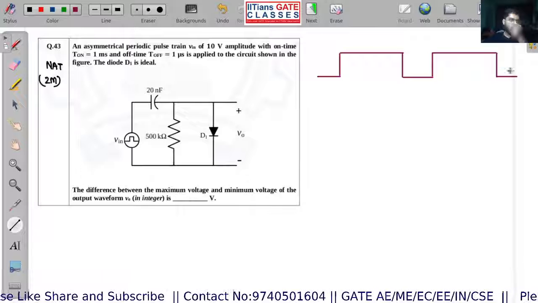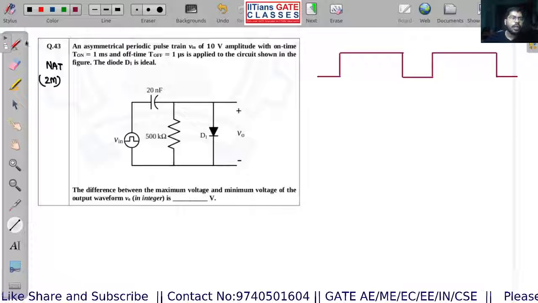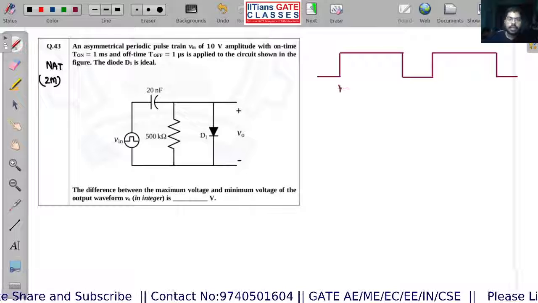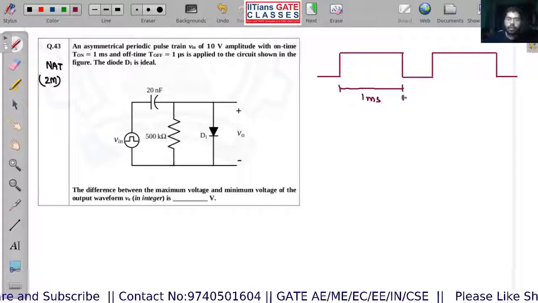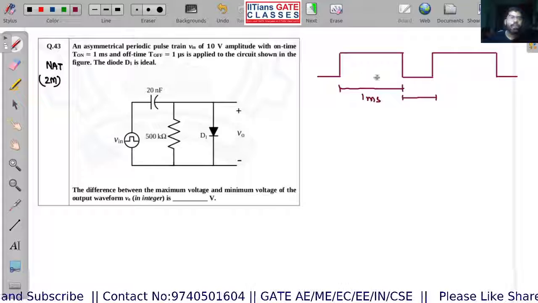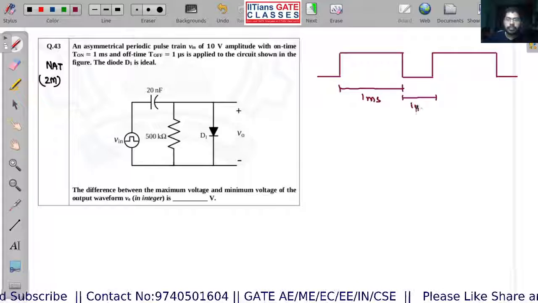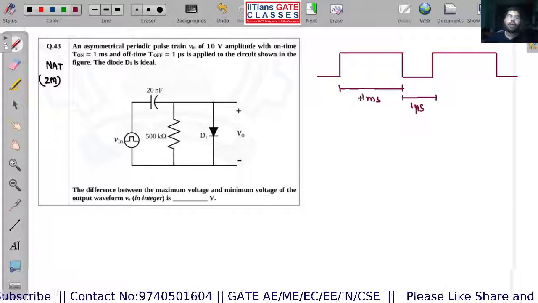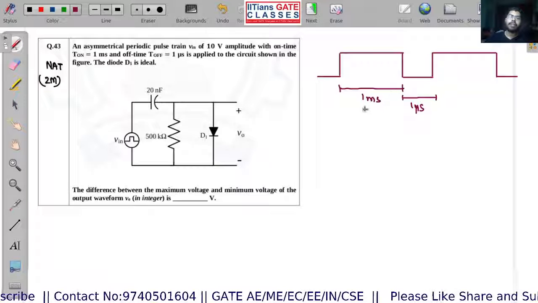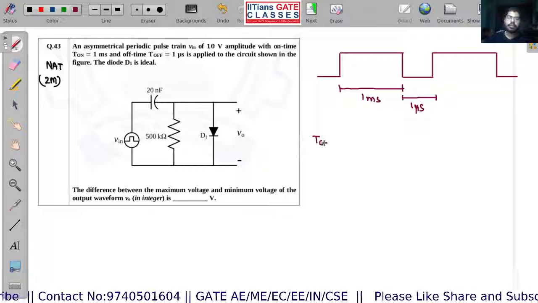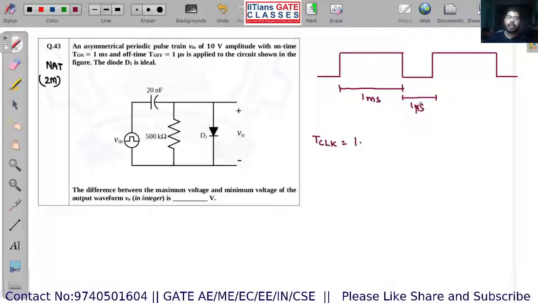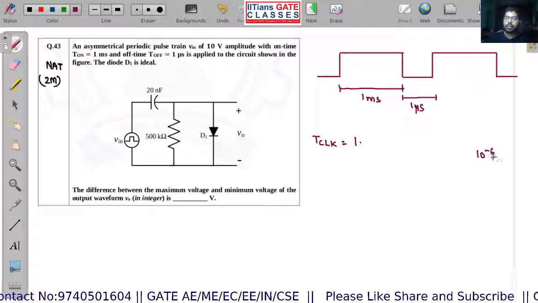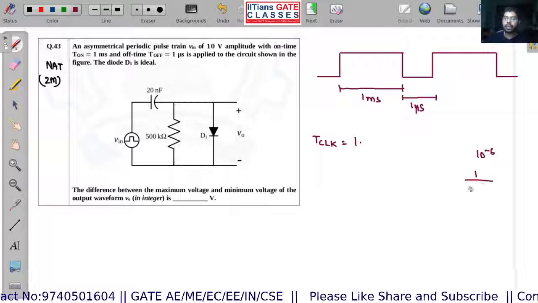So basically on time is 1 millisecond. So this time is 1 millisecond, and off time is given as 1 microsecond. Okay, 1 microsecond. So how much is basically the time period of the clock? T clock is basically 1.001 millisecond.